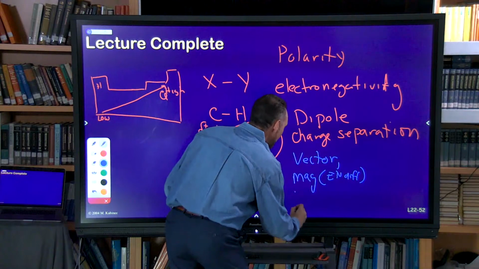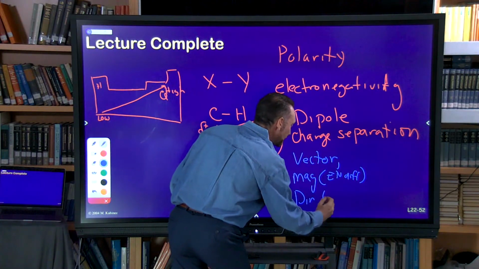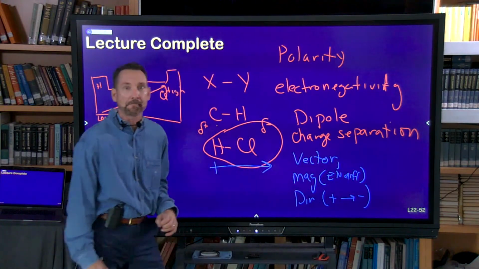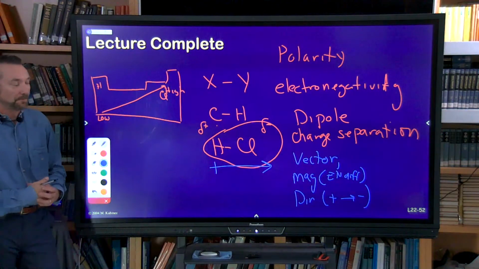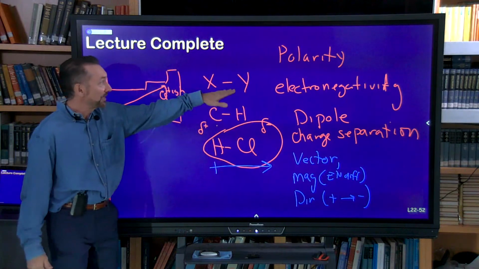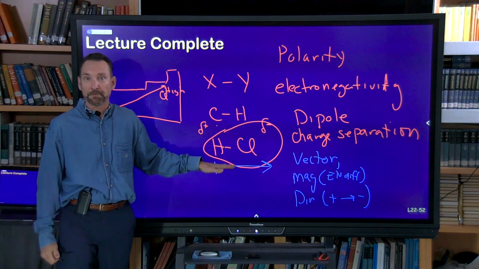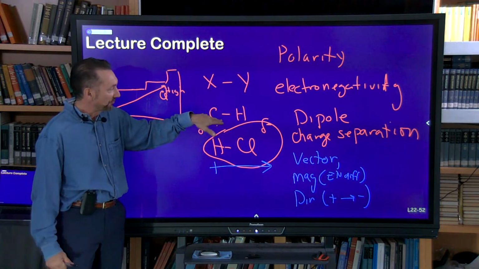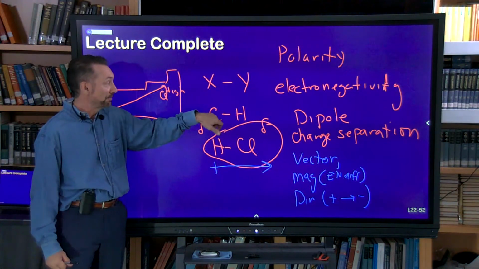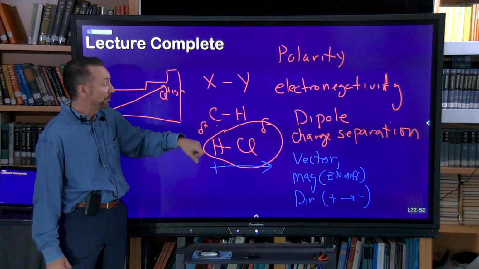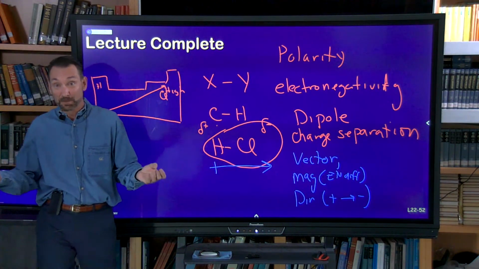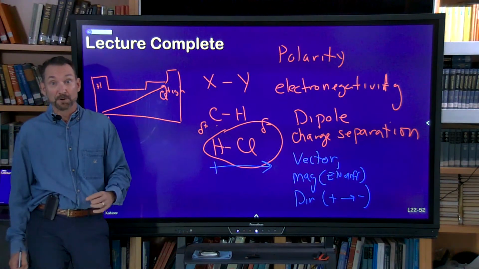And it has a direction, which is from plus to minus. And we're saying pretty much every bond has one. Carbon hydrogen is such a common bond, and that one's not very polar, but every bond has a little bit of polarity, a little bit of a dipole moment.